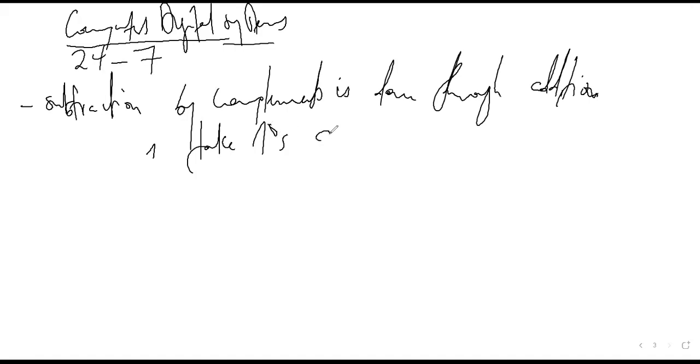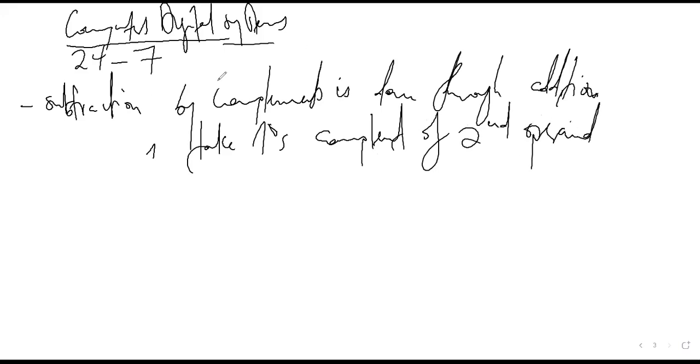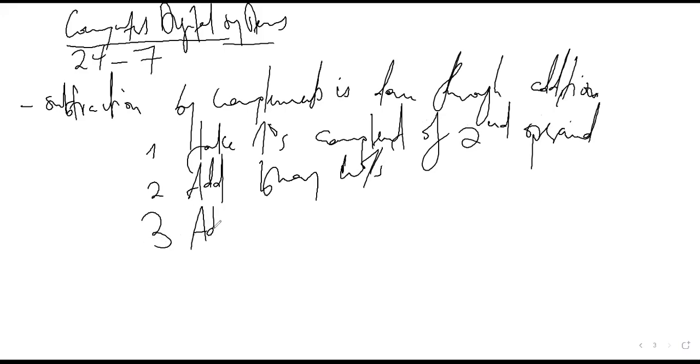In this case, the second operand is the 7. 2, add the binary numbers. 3, add the carry to the result. This is the process we are going to use to subtract 7 from 24. All right.